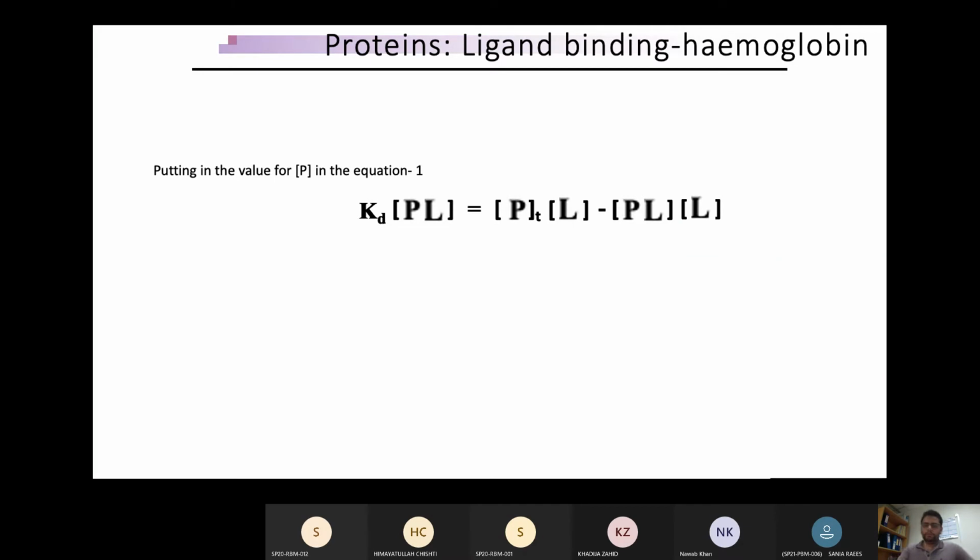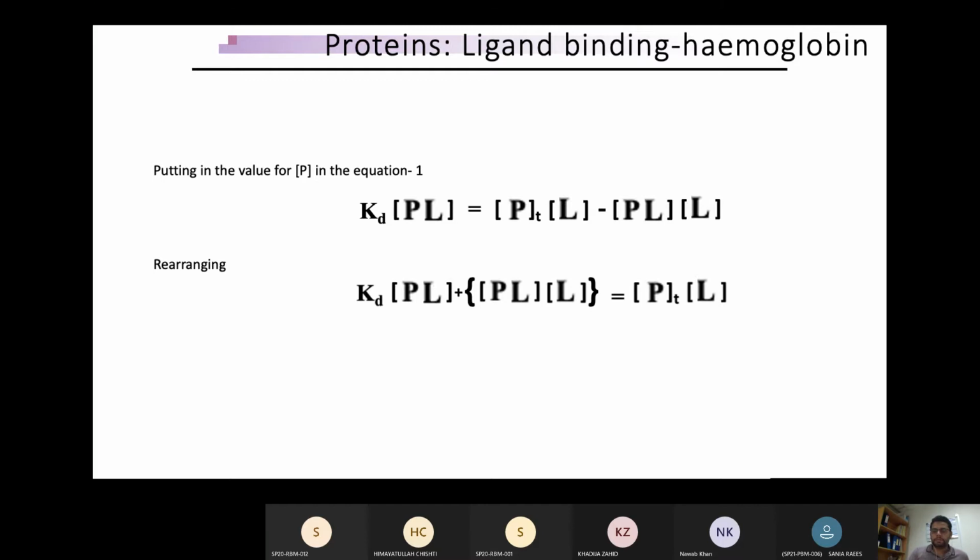So this is the simple thing जो आपको, when you put this value for protein, you got this equation, and you could rearrange this equation to simply make it more understandable. So when you rearrange this equation, you get this expression.